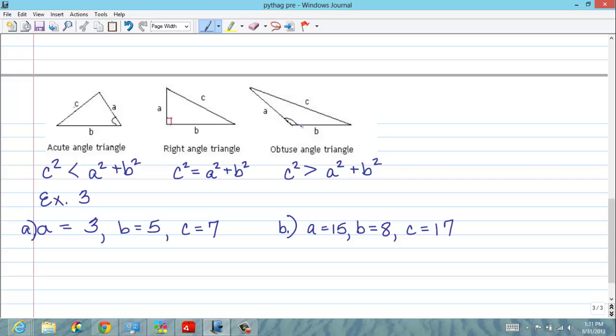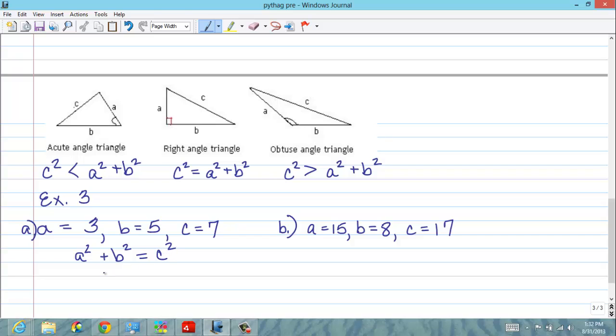So what we're going to do for our last example is to identify whether or not we have been given the sides to a right triangle. They must work in the Pythagorean theorem. Okay, so starting with problem A, we have our 3 sides. We start off by writing the formula for the Pythagorean theorem: a squared plus b squared equals c squared.